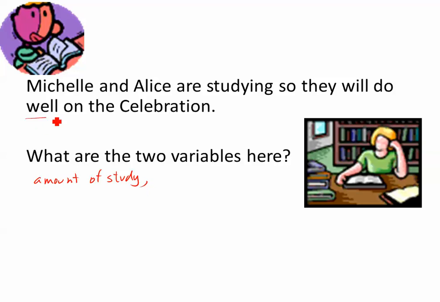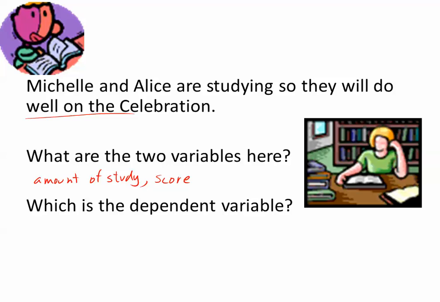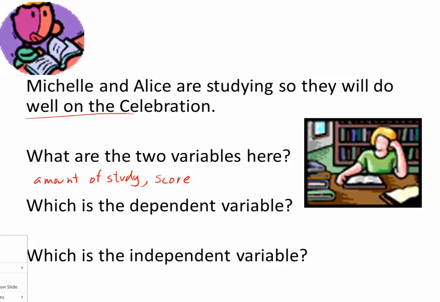Well, they want to do well on the celebration, so their score on the celebration is the other thing that could change. All right, so which of these is dependent and which is independent? Well, hopefully you got that the dependent variable is the score, because the score definitely depends on how long they study. All right, so there you go.